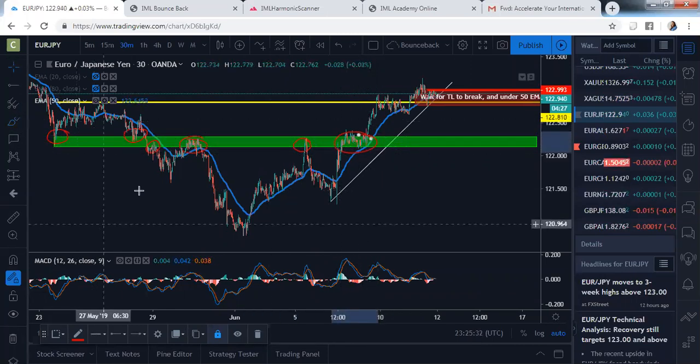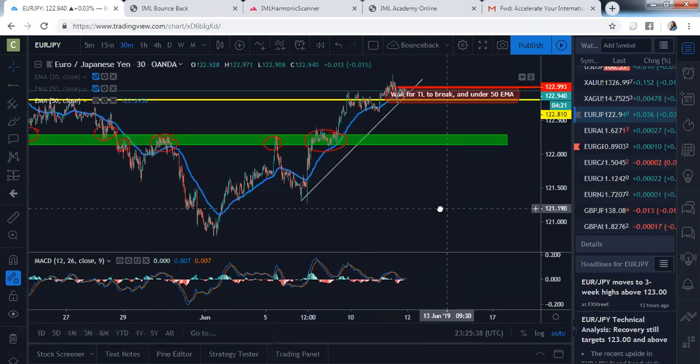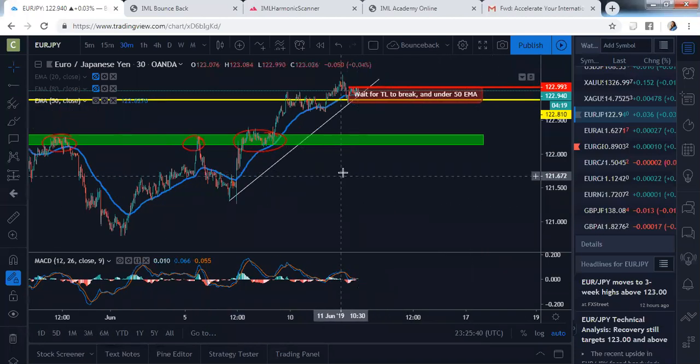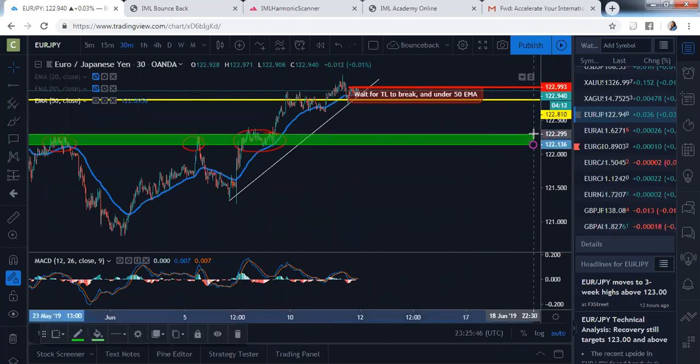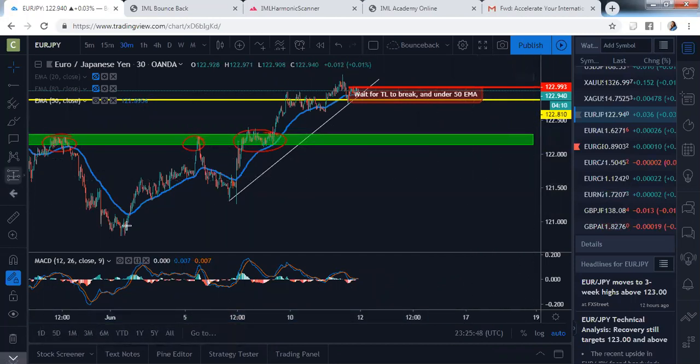So this to me is a very key area. When the trade comes down here, I expect it to pause. So this will be a take profit point for me in this trade, and this is just me looking at it on the 30-minute time frame.